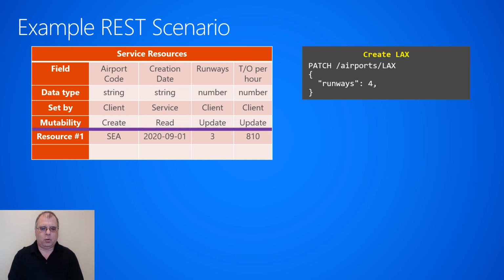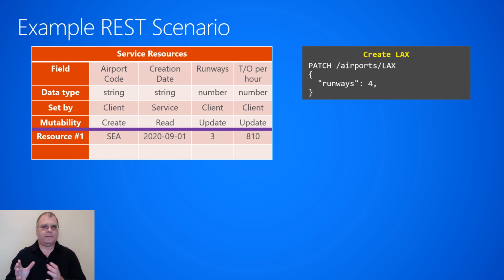In the top left corner, I show a collection resource that is managed by the service. This is a collection of airports and information about airports. So first, each record in the database or in the collection is going to have a field which starts with the airport code. That's actually the key into the database, so we can look up an airport by way of its airport code.